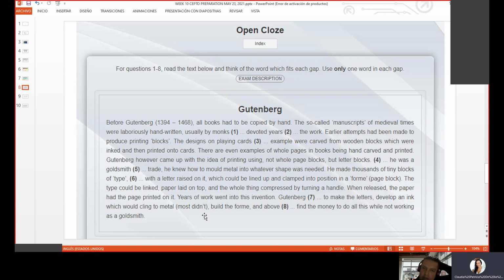The so-called manuscripts of medieval times were laboriously handwritten, usually by monks ___ devoted years. So what is the answer?